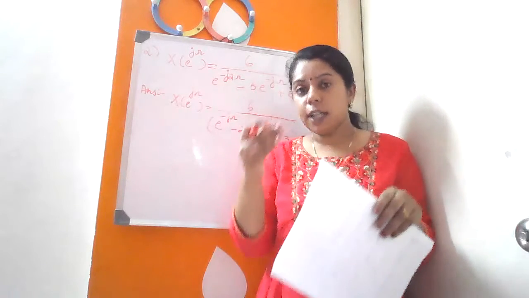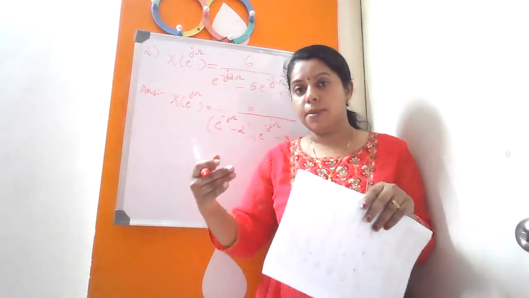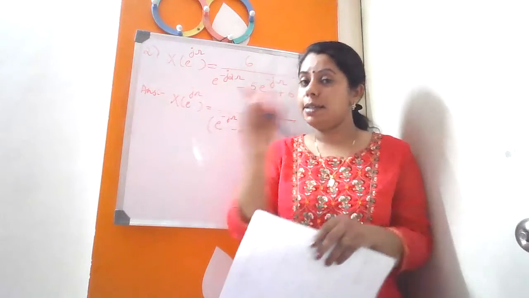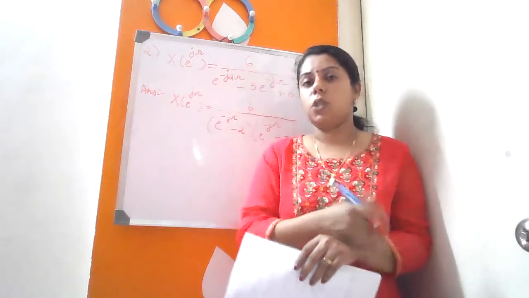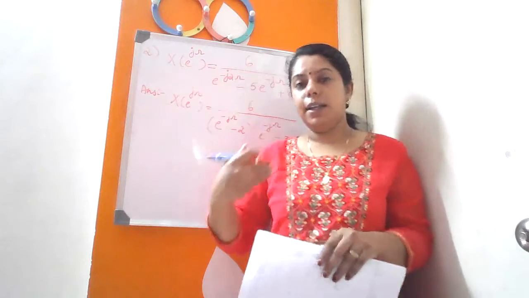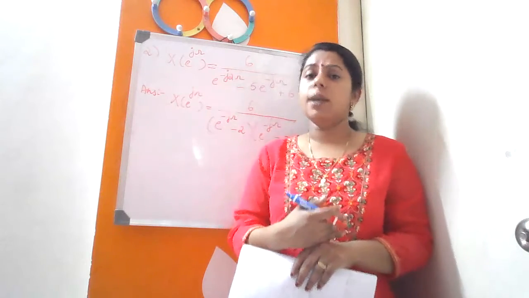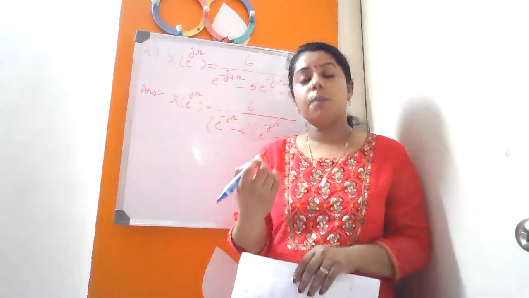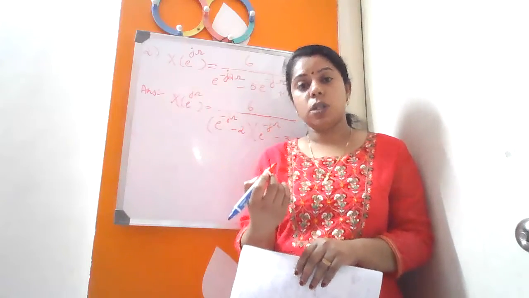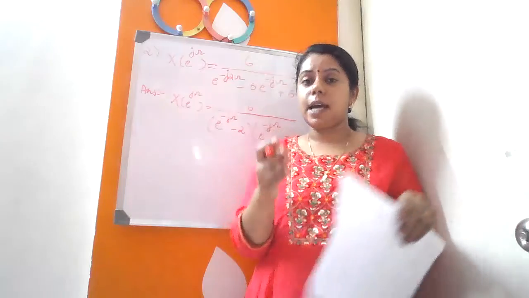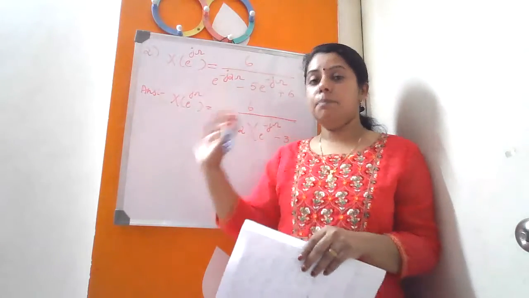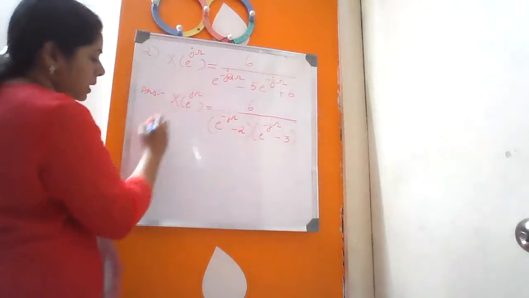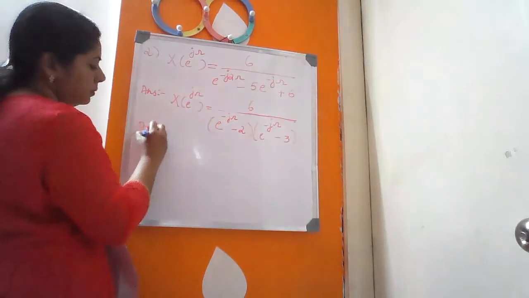So our aim is to get it in terms of 1 by 1 minus some alpha e power minus j omega. For that purpose, just use the partial fraction method and represent it as some a by this term plus b by this term.